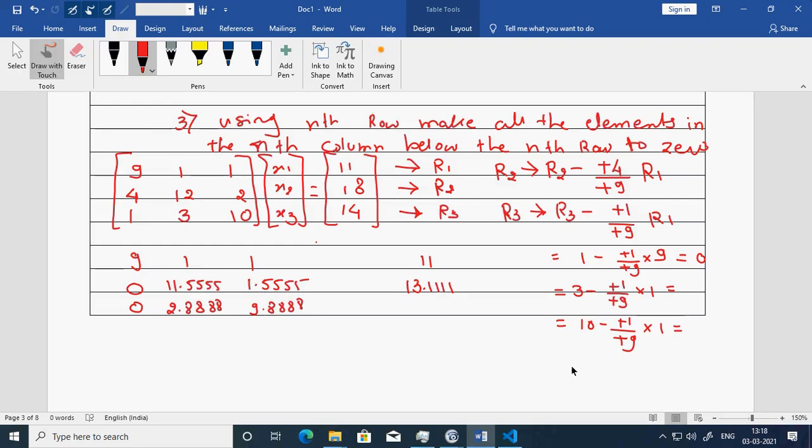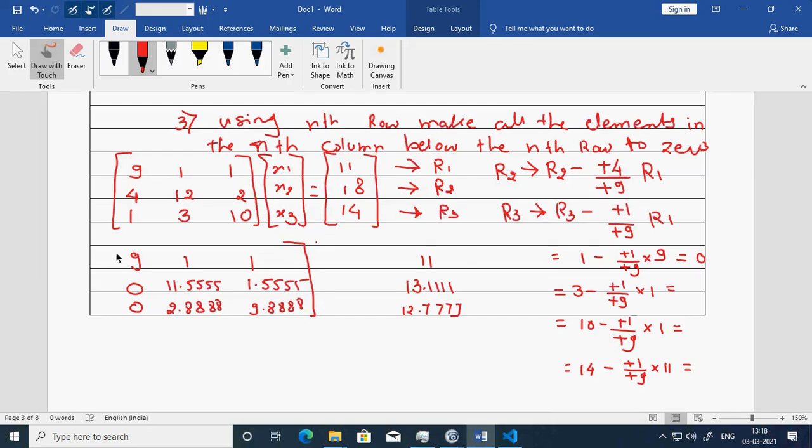The next thing is this one. So we have 14. Okay, 14 minus plus 1 plus 9 into 11. So how much is this value now? 12.77. Okay, fair enough.